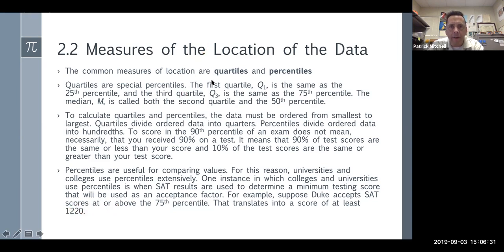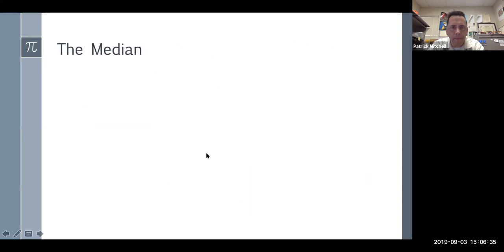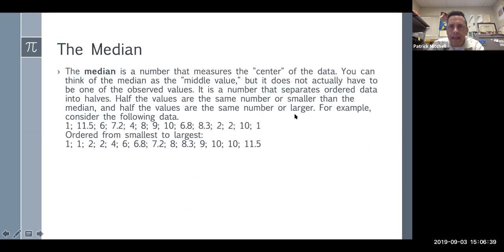Obviously we have to talk about how to calculate percentiles. First, let's talk about the median. Again, the median is also known as the 50th percentile or the second quartile. Basically, the median is the middle number. However, that does create an issue when you have an even amount of numbers.